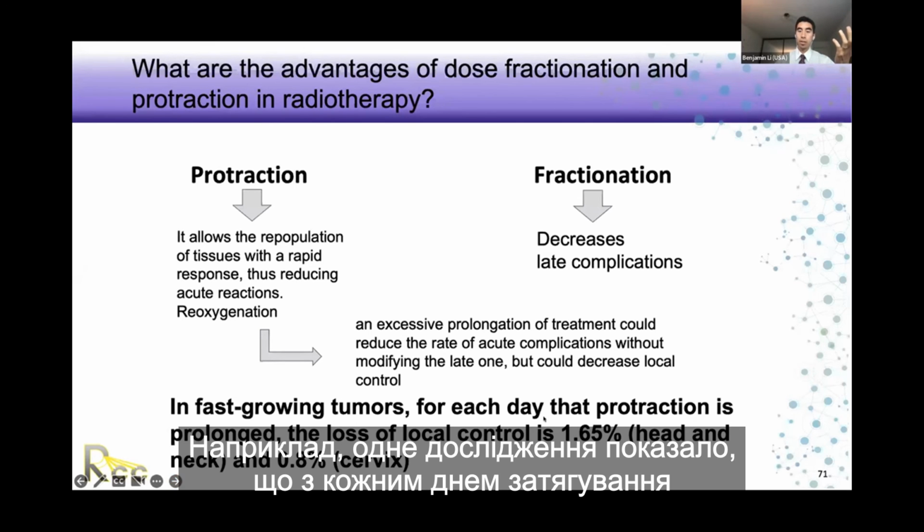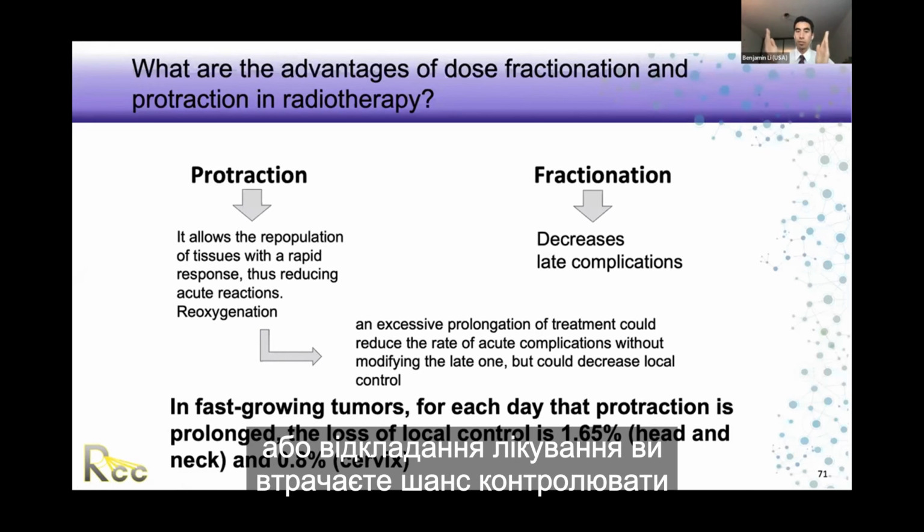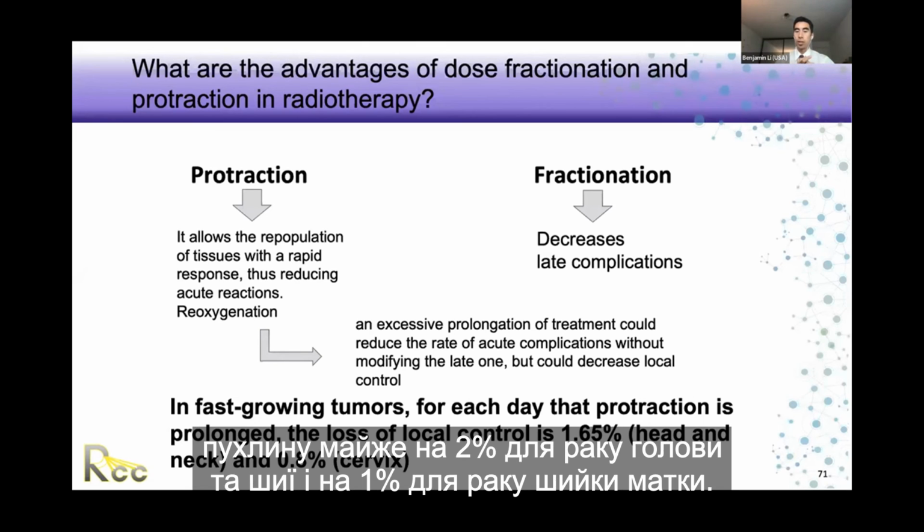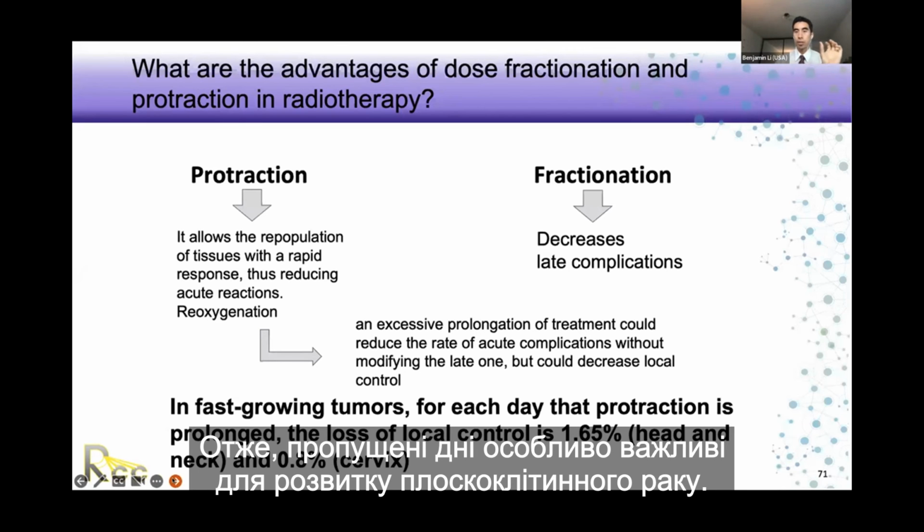To illustrate, one study found that for each day that you protract or delay, make the treatment longer, you're losing your chance of tumor control by almost 2% for head and neck and 1% for cervix. So the missed days add up, especially for squamous cell cancer.